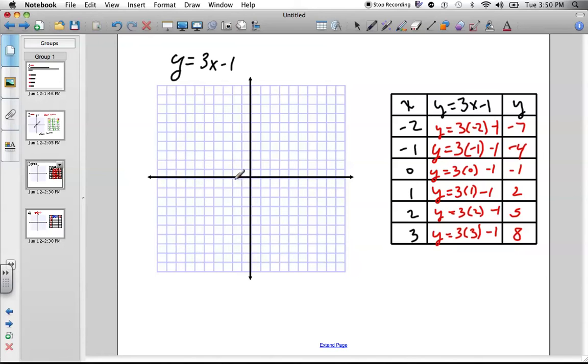So we're going to go left 2 units, down 7. Left 1 unit, down 4. Next ordered pair is 0, -1. 1, 2. 2, 5.